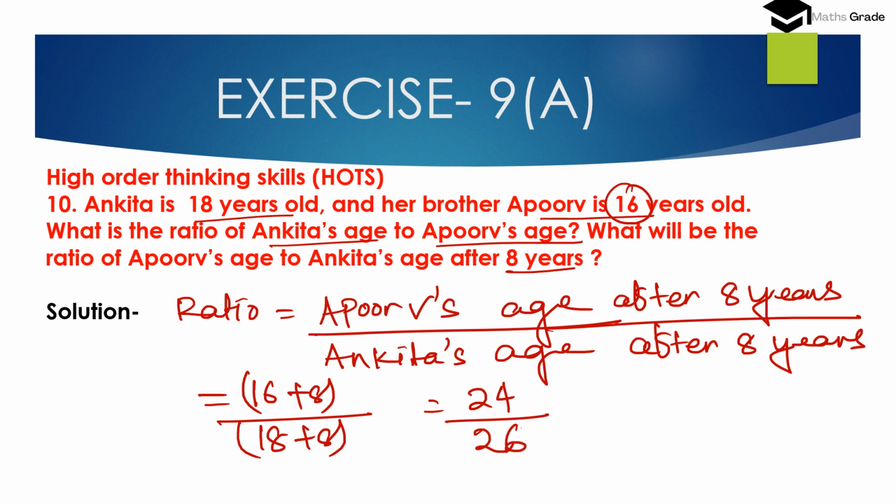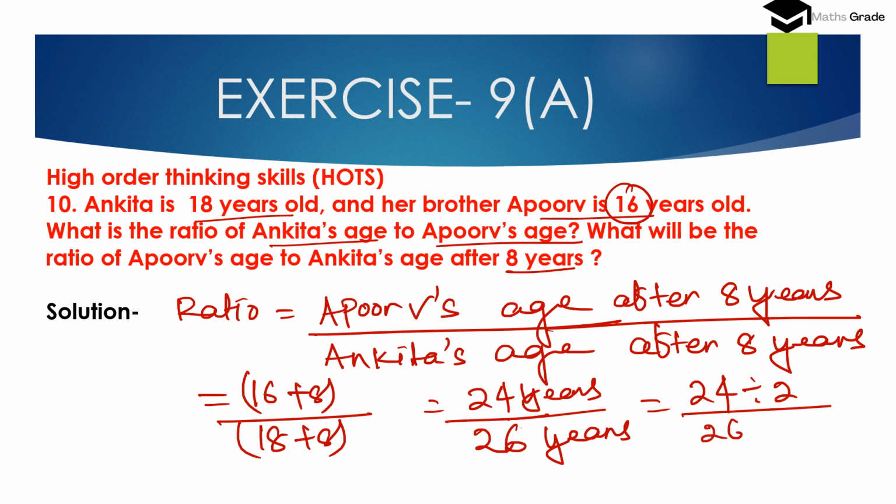Between 24 and 26, 2 is the common factor. So divide the antecedent 24 by 2 and the consequent 26 by 2. Now 24 divided by 2 is 12, and 26 divided by 2 is 13.